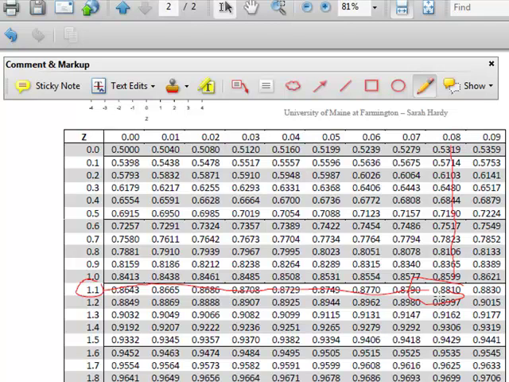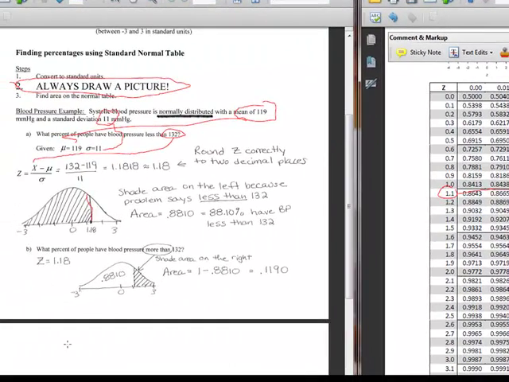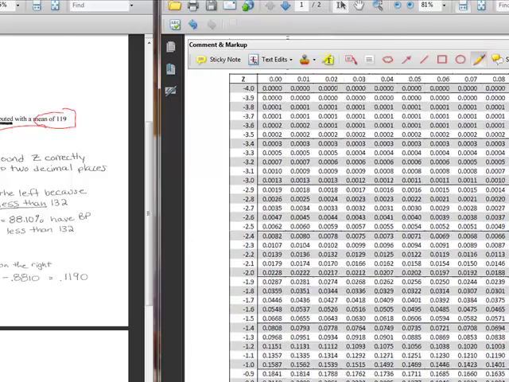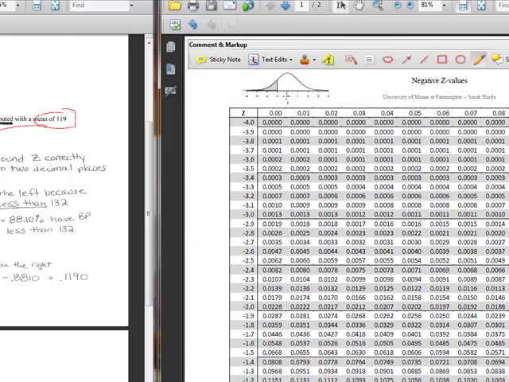And what I find is that I get 0.8810, and that is the area on the left. The table always gives us the area on the left, or the less than area, and there are little pictures at the top of each table to remind you of that. The picture on the negative side looks like that.